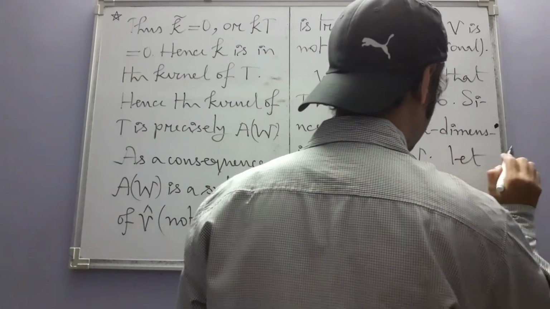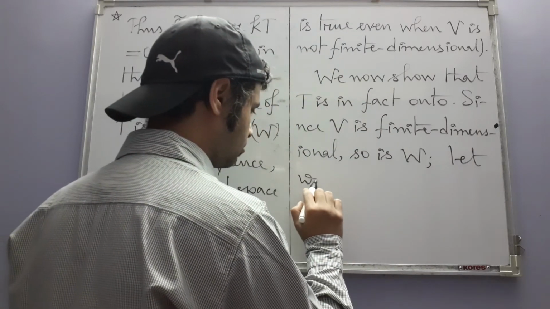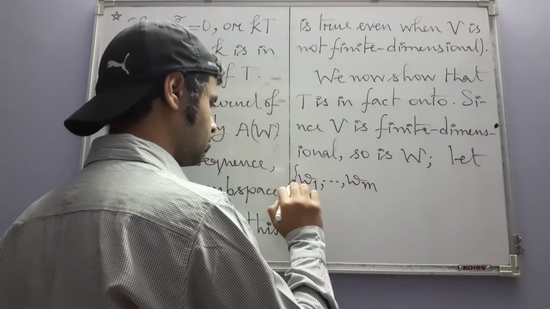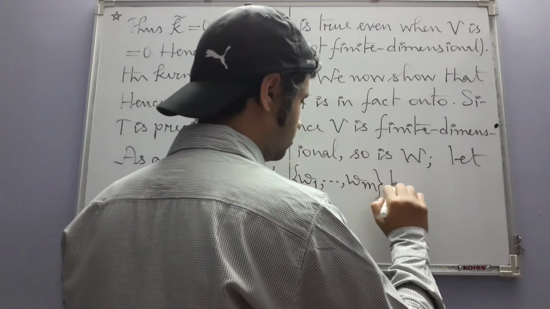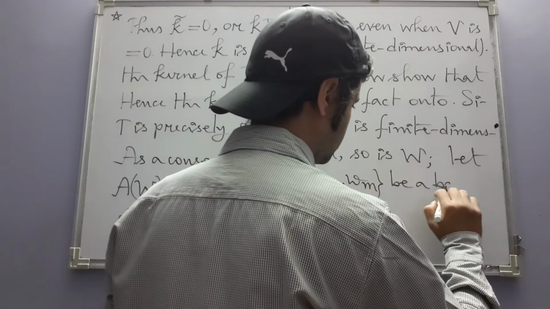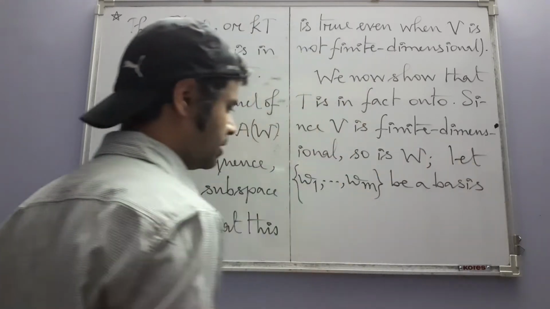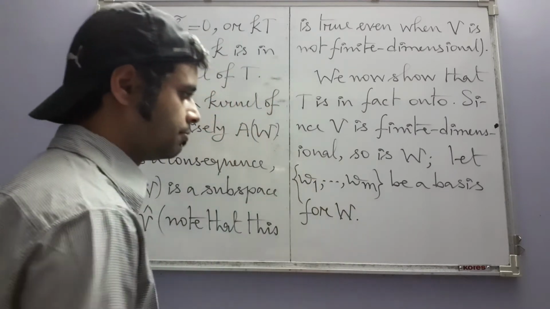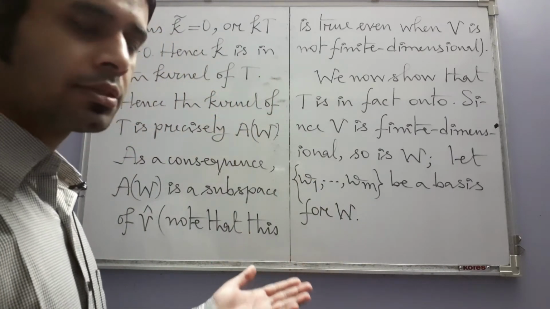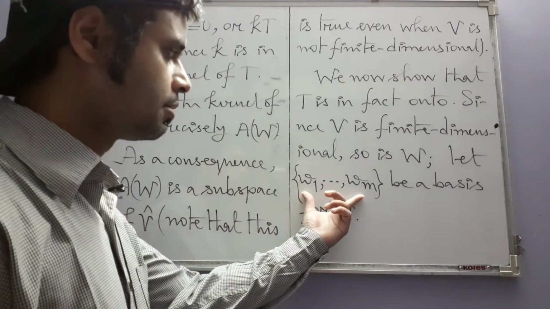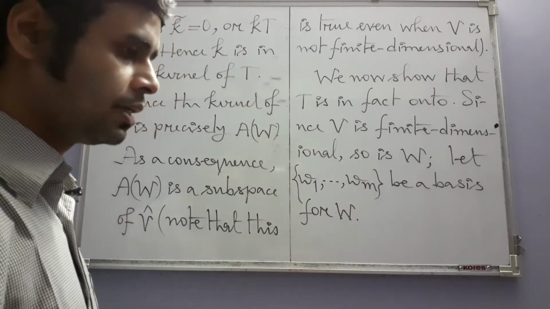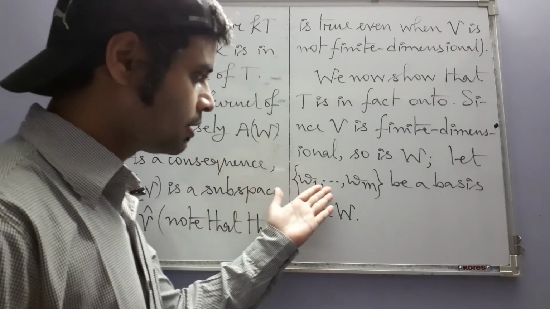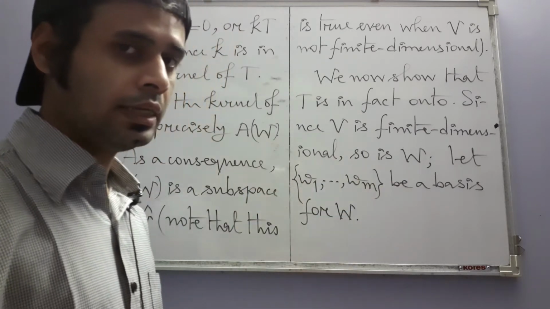Let this be a basis for W. But we know from a previous result that if we have a basis for a subspace, then we can extend it to a basis for the entire space by introducing some additional vectors if necessary.